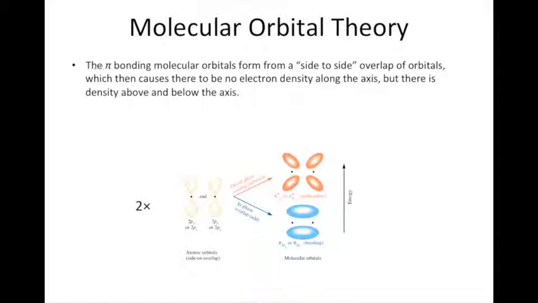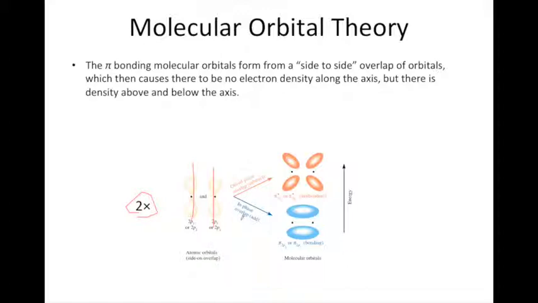Also, the pi bonding molecular orbitals form from a side to side or parallel overlap of these atomic orbitals, which causes there to be no electron density along the axes, but rather above and below the axes. So looking at this diagram, here we have a set of p orbitals, one from each atom that's combining, and they can be either from the y-axis or from the z-axis. So we'll have whatever we're looking at here times 2.